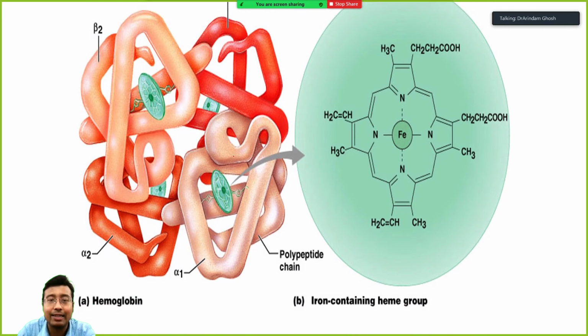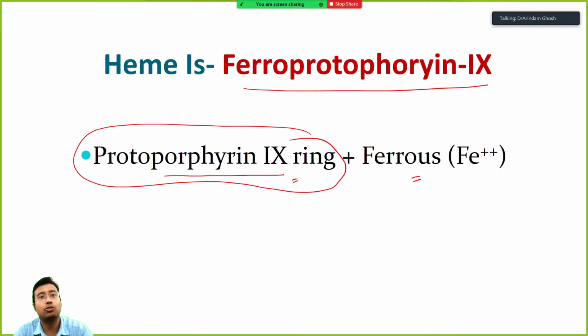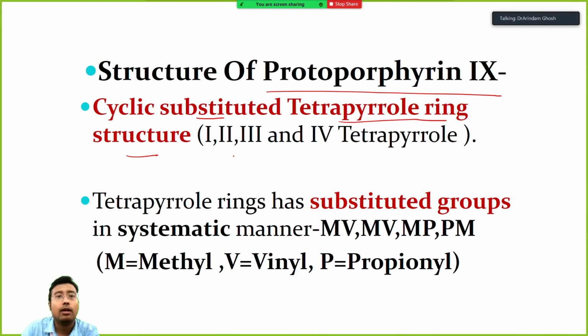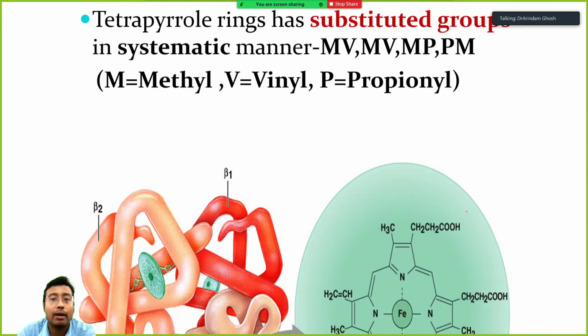So I am basically going in reverse. I am telling you at the very beginning the thing that you should be learning last. Anyway, the cyclic substituted tetrapyrrole ring has substituted groups in a systematic manner. These are methyl vinyl, methyl vinyl, methyl propionyl and propionyl methyl. What am I talking about?